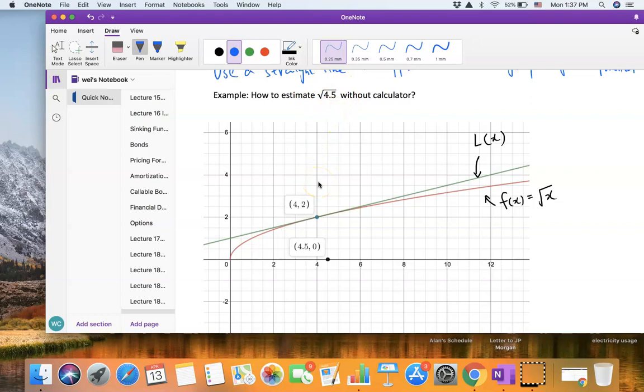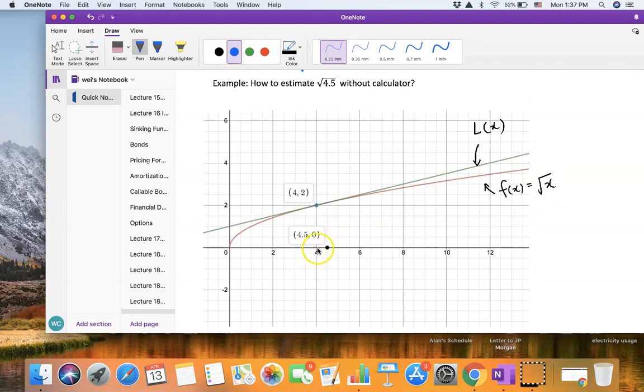So how do I set up this straight line? First, I choose a point x equals 4. There are two reasons why I choose this point. The first reason is 4 is close to 4.5. Now this is very important.